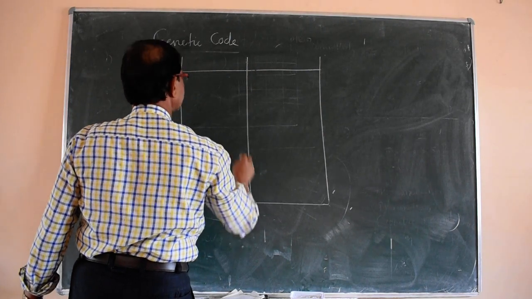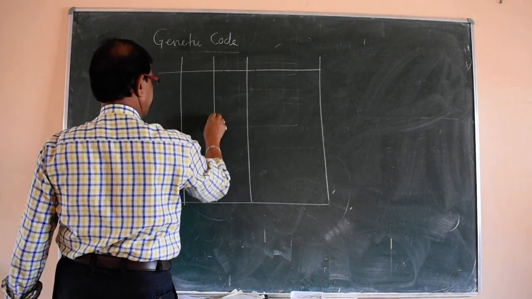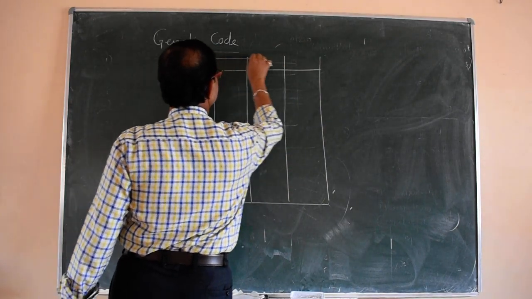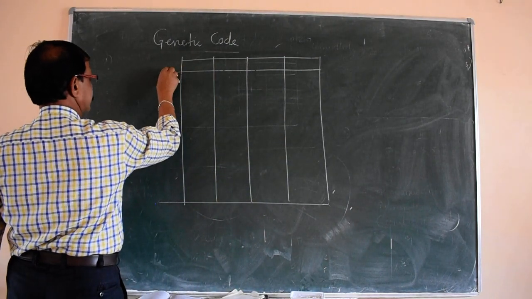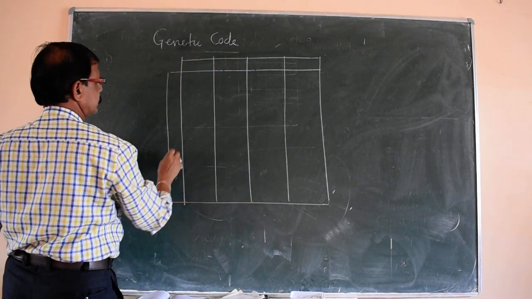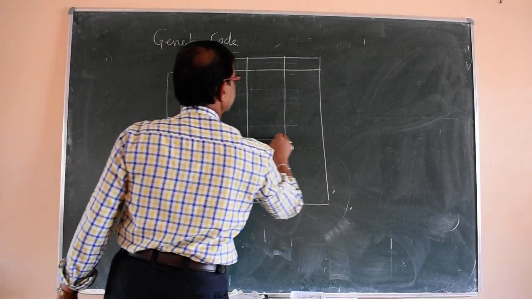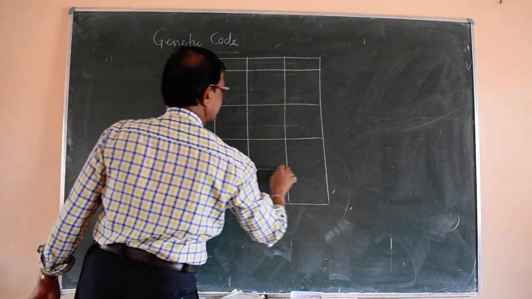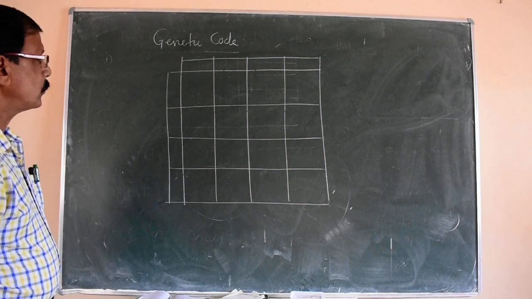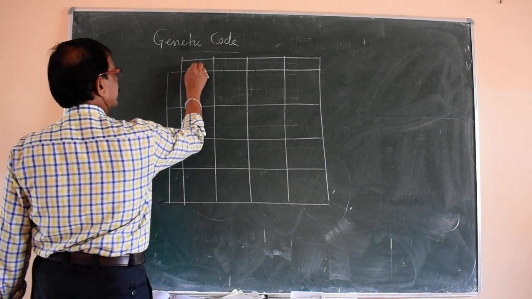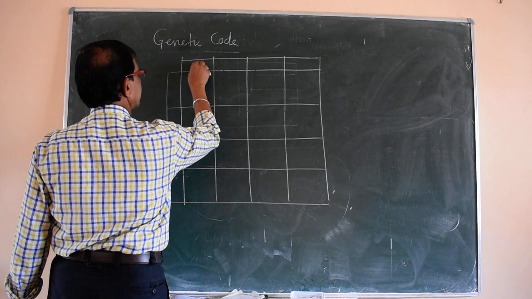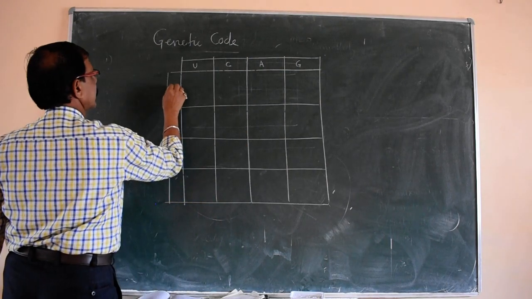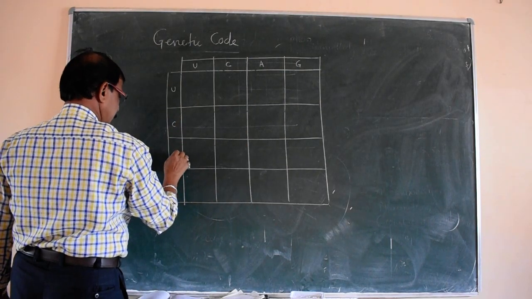Like this you have to make the columns, and then you have to write the nitrogen bases, UCAG like this, and then UCAG.